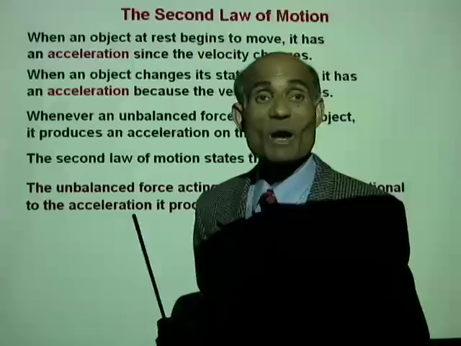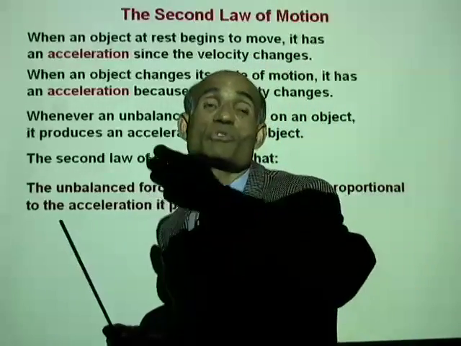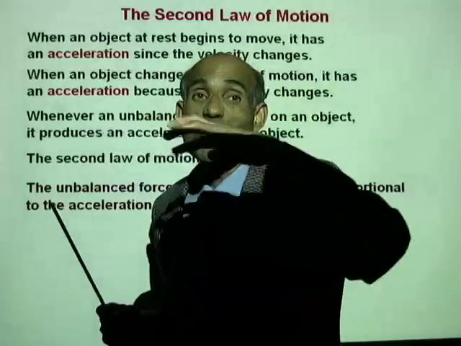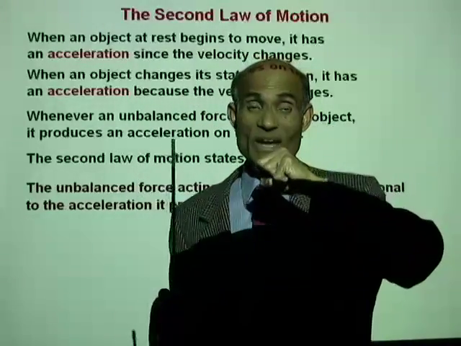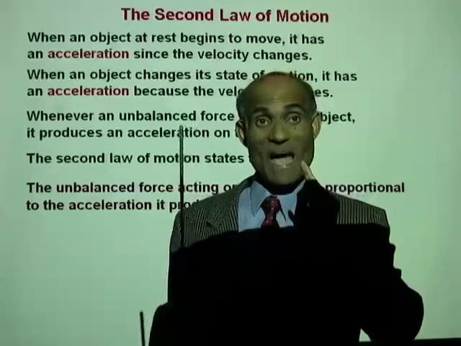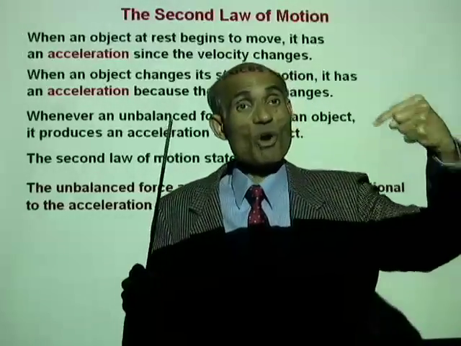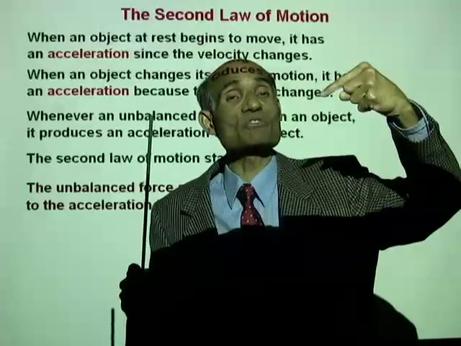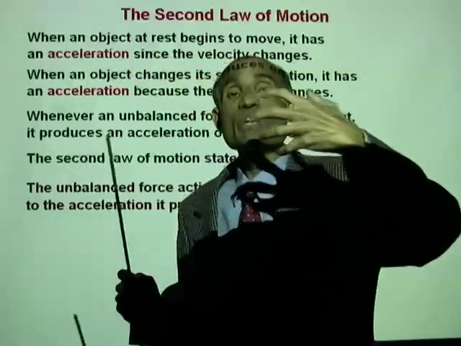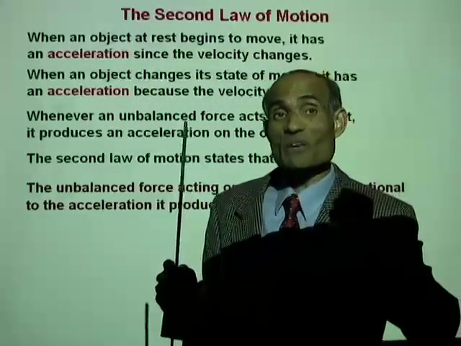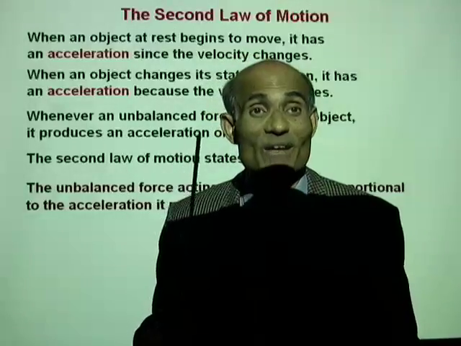That means you apply a greater unbalanced force, it will produce a greater acceleration on a given particle. So if you have a given particle of mass m kilogram, if you keep on increasing the unbalanced force, the acceleration also will keep on increasing. If you decrease the unbalanced force, the acceleration will decrease proportionately.